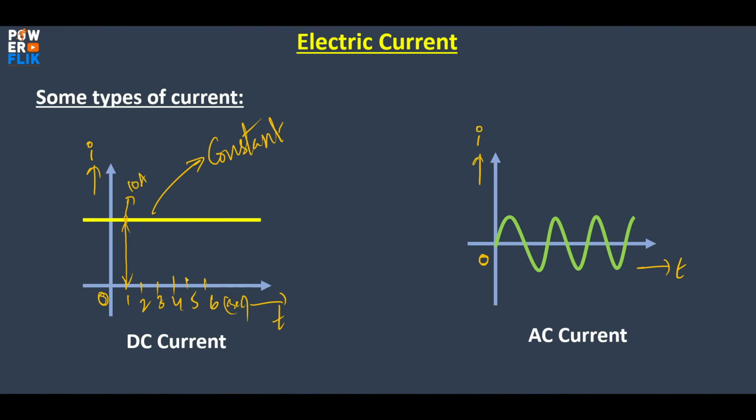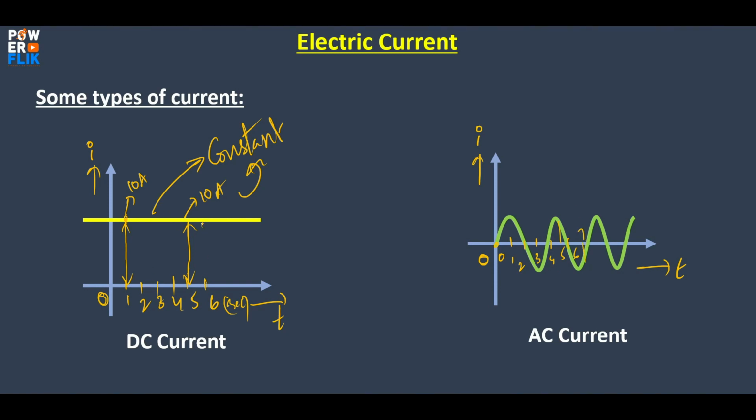After 5 seconds also, the current is 10 amperes only, which shows that it is constant all over the time. Therefore, it is called DC current. Got it?